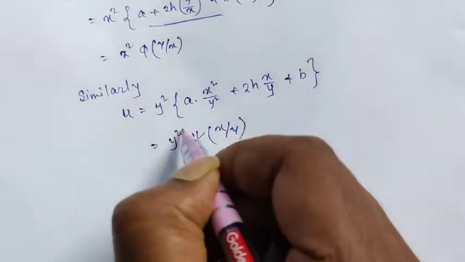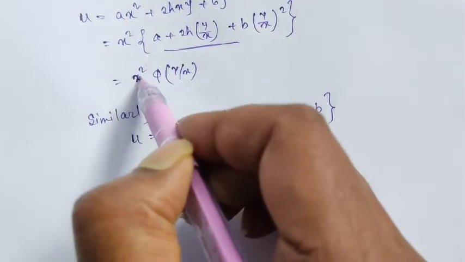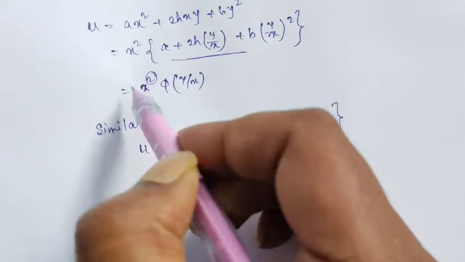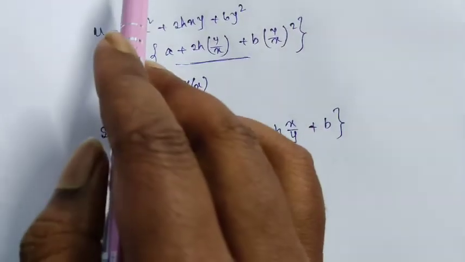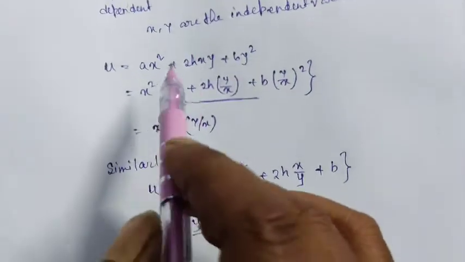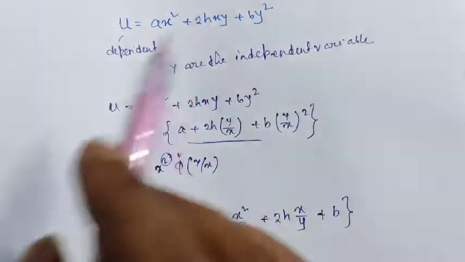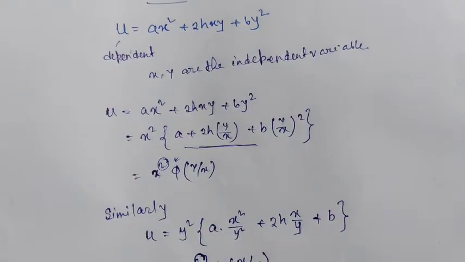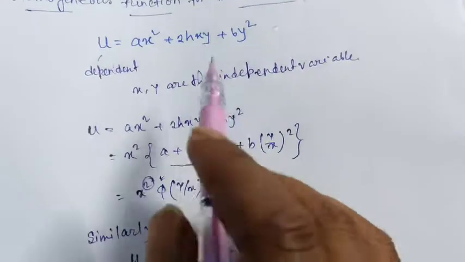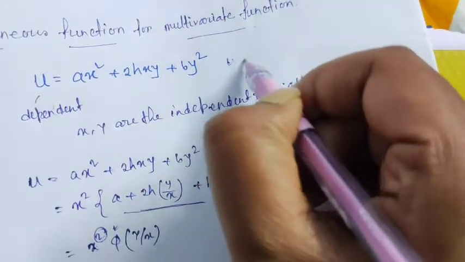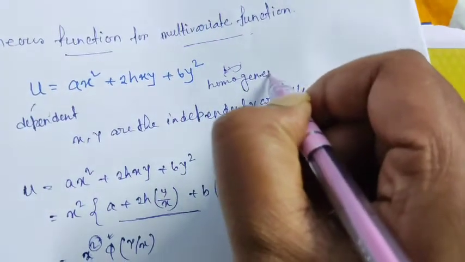Here the power of the common term, y square, is 2, and this is known as the degree of the homogeneous function u is equal to ax square plus 2hxy plus by square. So we can say that this function u is a homogeneous function of degree 2.